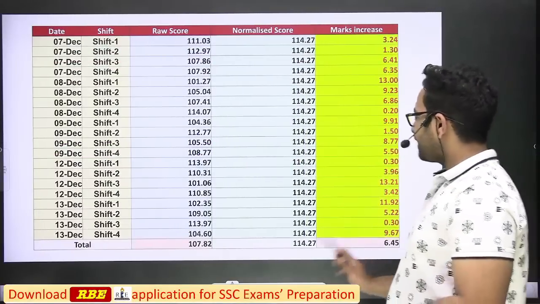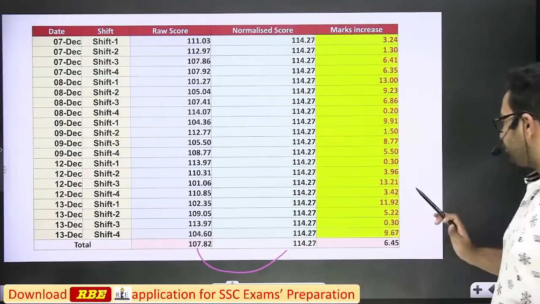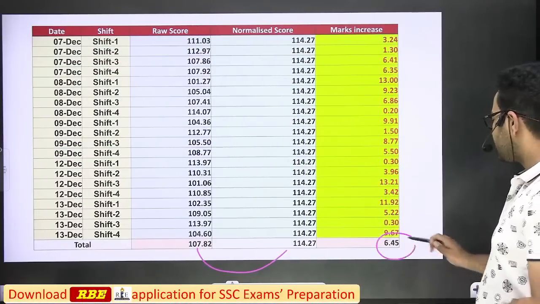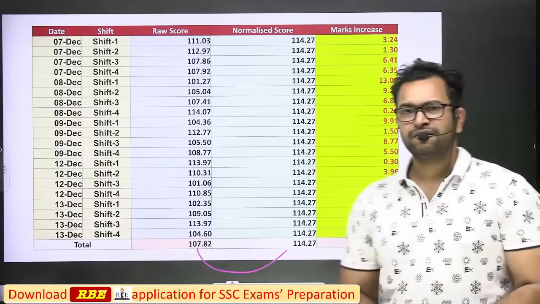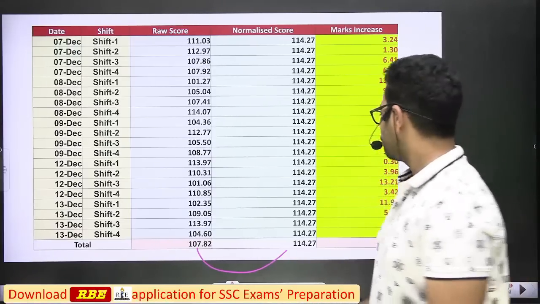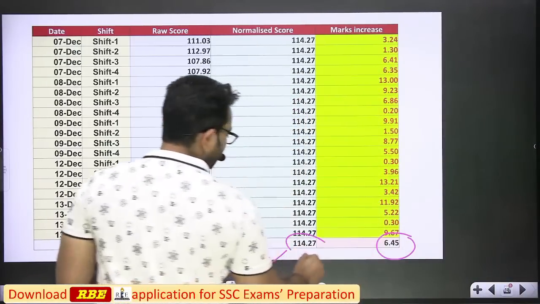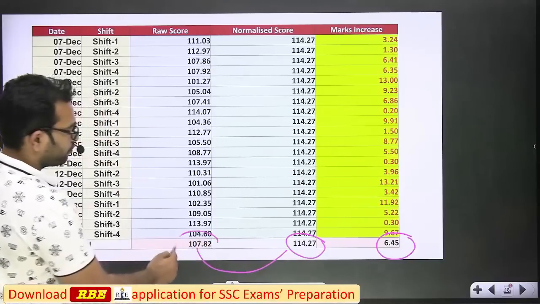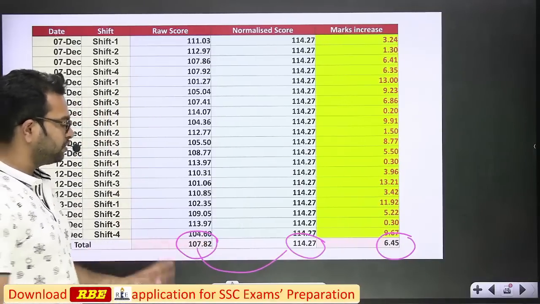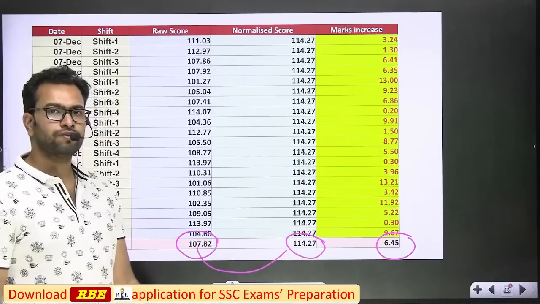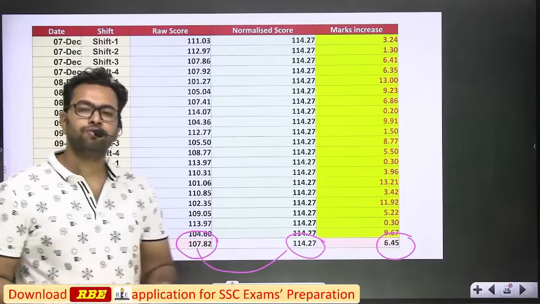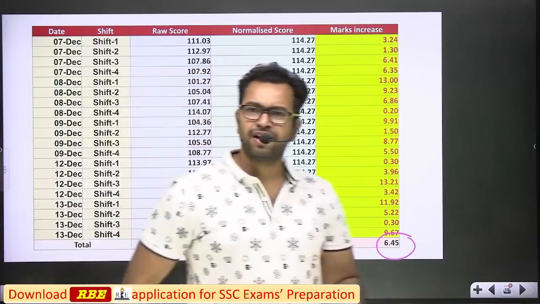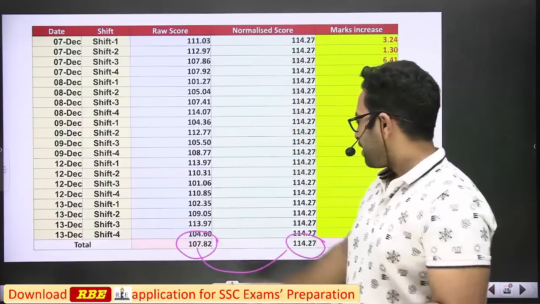If I take the average of all the shifts, 6.45 marks increased in all the shifts. So our normalized score cutoff is this, but our raw score cutoff was this in CGL 2022, 107.82 for your category. So we can't take this as a reference.